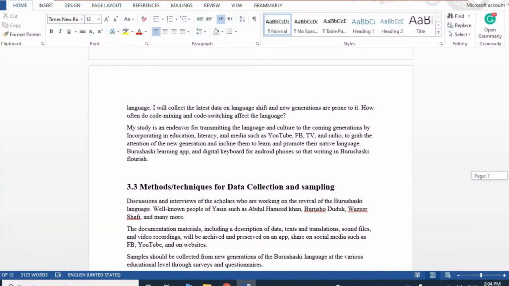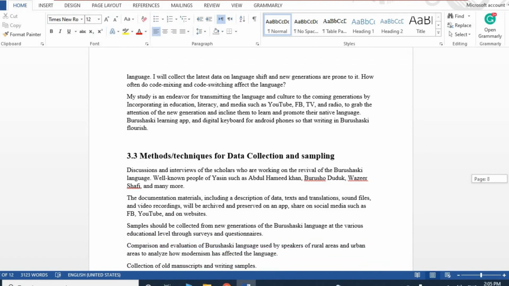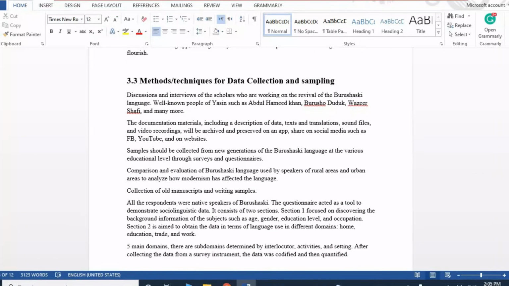So I will collect the latest data on language shift from new generations, and my study is an endeavor and effort for transmitting the language and culture to the coming generation by incorporating it in education, literacy, media, digital media such as YouTube, FB, radio, etc., to grab the attention of the new generation and incline them to learn and promote the native language, that is Burushaski, and using learning apps, digital systems, and methods or techniques for data collection and sampling. Right, what are the techniques that I've used?